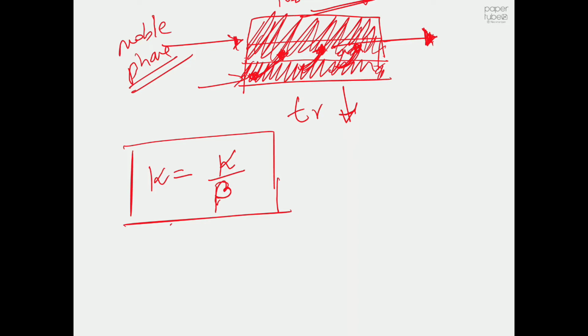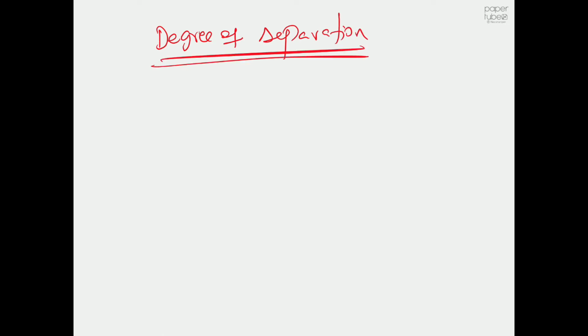Now I will go to something we call the degree of separation. Whenever we are talking about column chromatography, retention time is obviously important. It allows you to calculate a retention factor and so on.